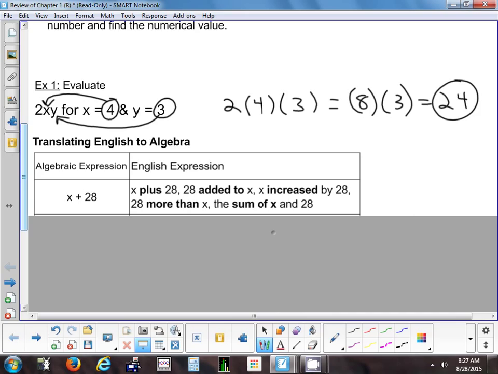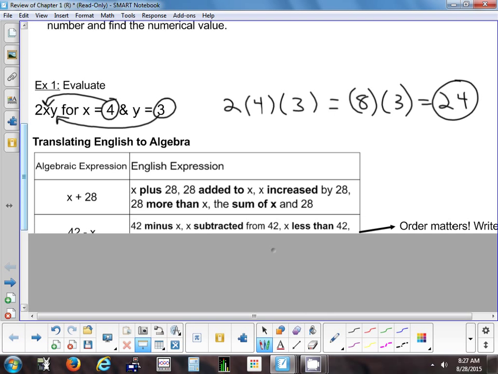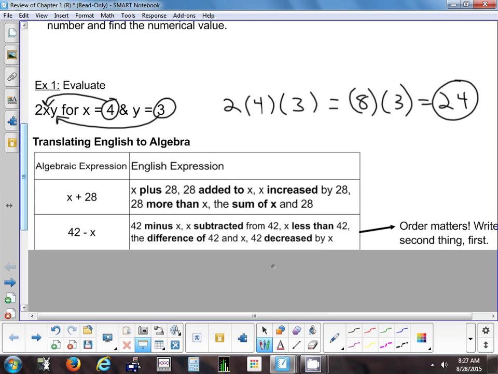Sum, S-U-M, always means adding. Always, always, always. When we get into word problems in a couple weeks, it's going to be good to have this chart. If you're not sure, look back and know what it means.